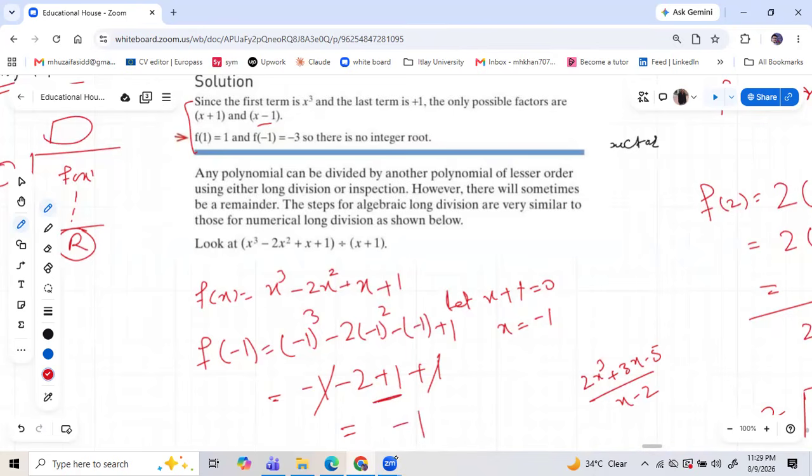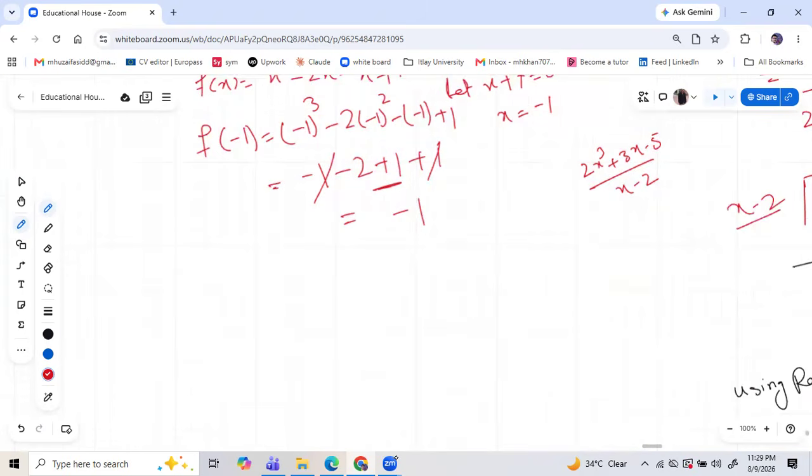Did you get it? Yes, I understand. Now we are working on the second one. Let x minus 1 equals 0, so x equals 1.